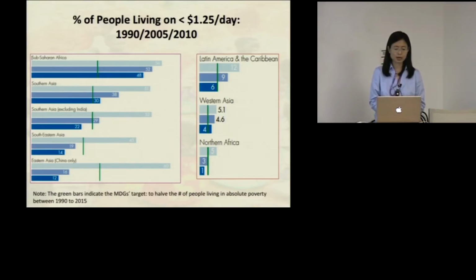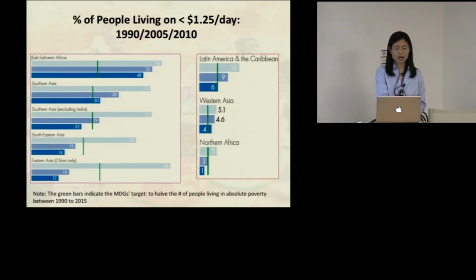In Sub-Saharan Africa, you can see the poverty has reduced from 56% in 1990 to 48% in 2010. The goal, which is what the green bar was indicating, is far from being reached.